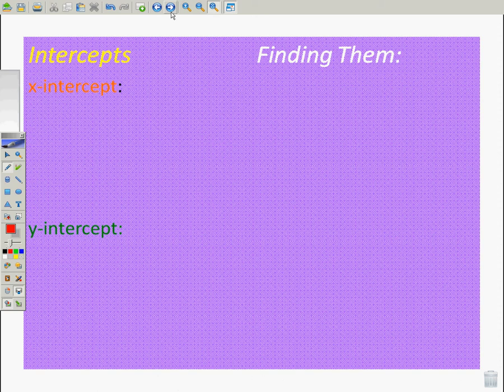The x-intercept, I'm going to go ahead and put down the definition for this. The x-intercept is where the line of the function, so when I graph my function, crosses the x-axis.